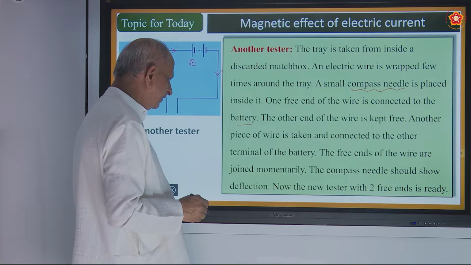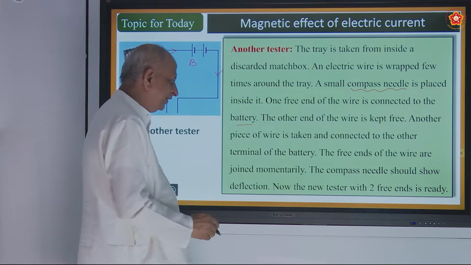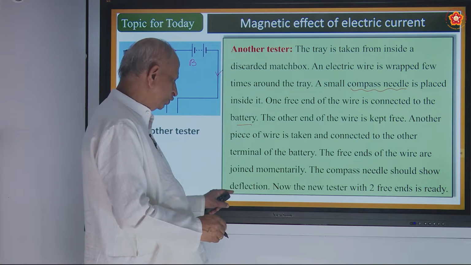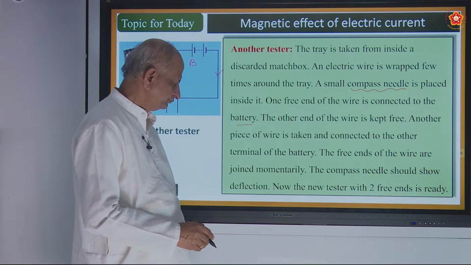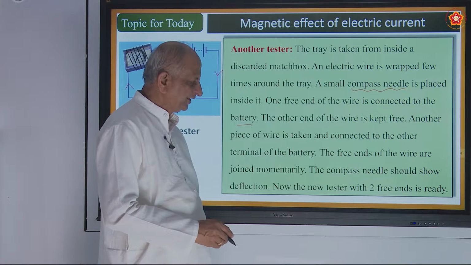The free ends of the wire are joined momentarily, so temporarily they are joined. The compass needle shows deflection. Now the new tester with the two free ends is ready.